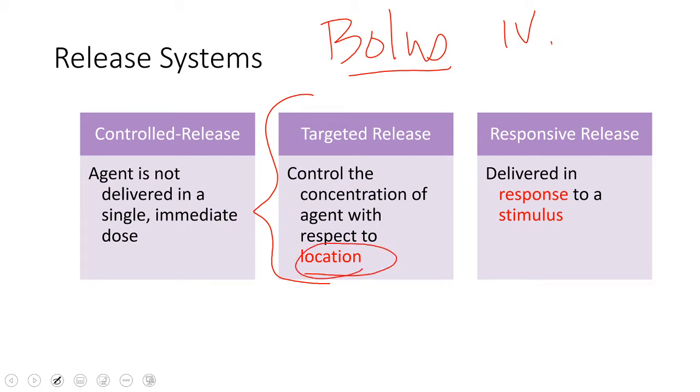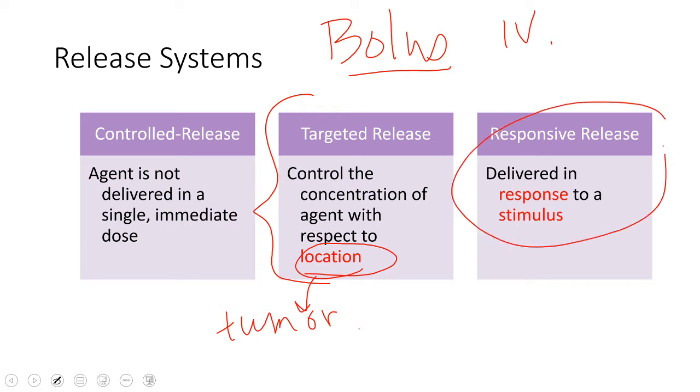So say you wanted to target a tumor. That is a targeted release, where it releases a payload at the tumor. And then there's a responsive release, where it delivers a payload in response to a stimulus. A good example I can think of is if you have a hydrogel and you have insulin in it.